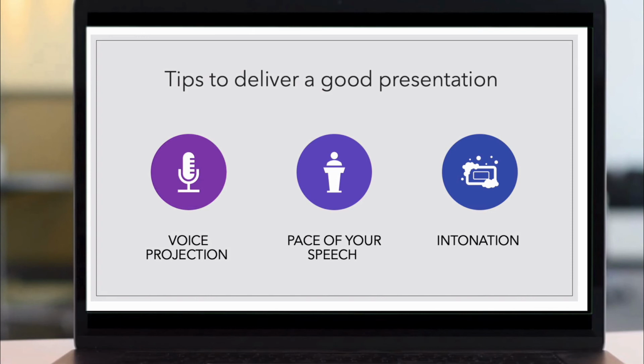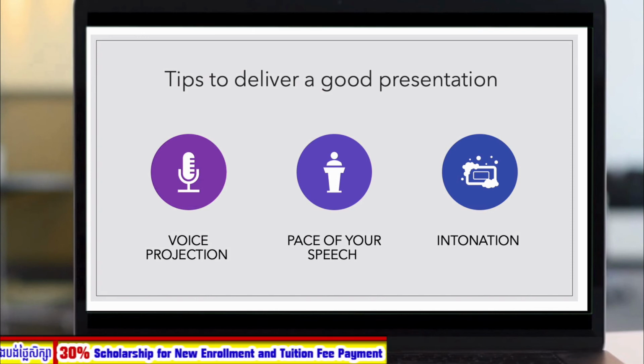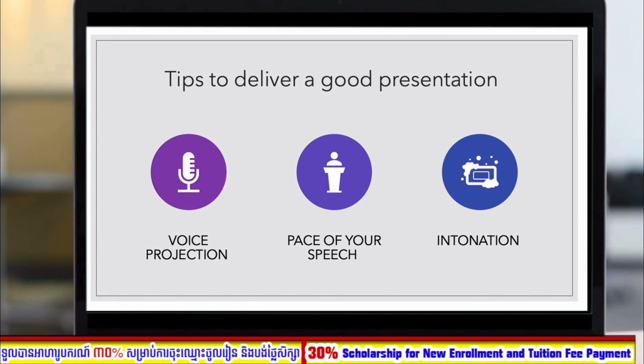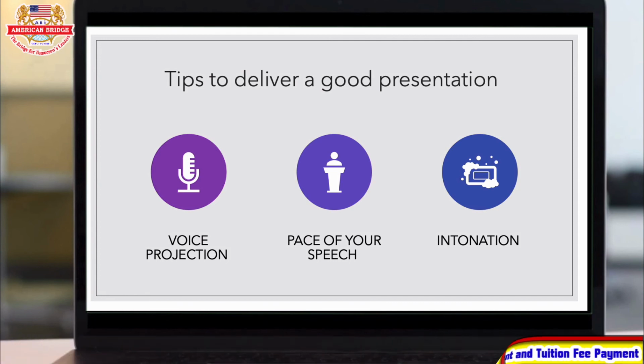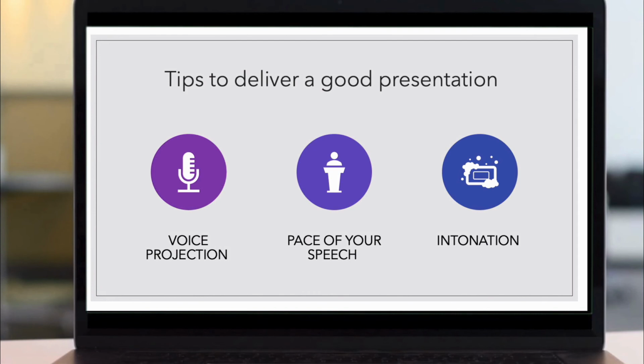And the other strategy is the pace of your speech, which is the speed. Make sure you speak at a very reasonable pace. Sometimes you speak a little bit fast, sometimes a little bit slow based on the point. When you want to emphasize, when you say something important, make sure you speak it clearly and slowly.